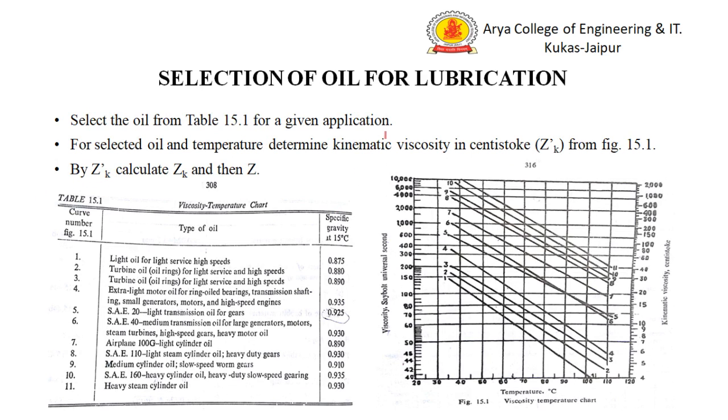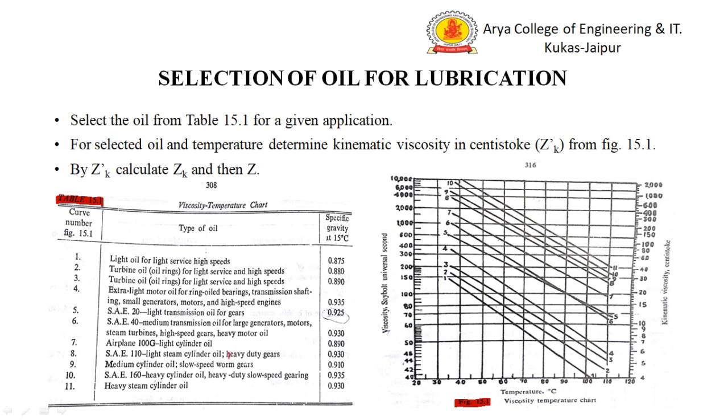Now, how do we select the oil for the journal bearing? In numericals, we will use table 15.1 and figure 15.1 from the data handbook.